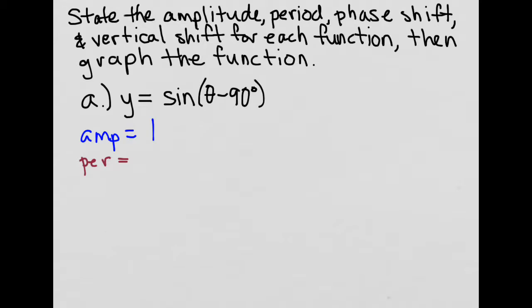And b should be the number in front of the parentheses, which there is no number there, so again we assume that's a 1. So we do 360 divided by the absolute value of 1, which is going to equal 360 degrees.